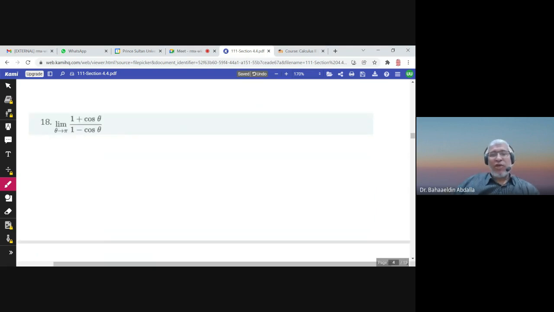I think we can solve this problem by multiplying by the conjugate. But if I replace theta by pi, cosine pi is negative 1, so I have 0.